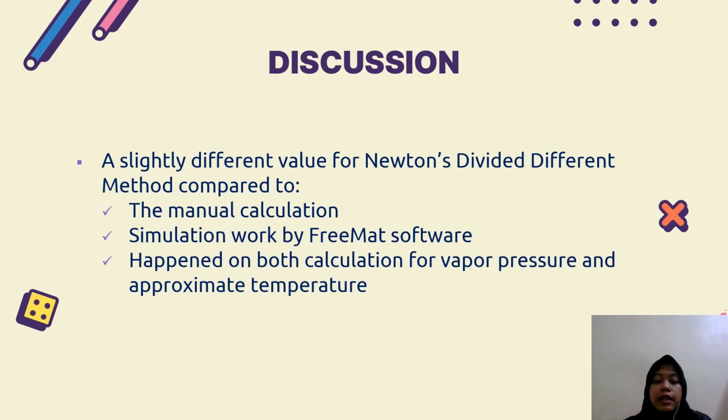We found a slightly different value for Newton's divided difference method compared with manual calculation and simulation work by the free method software, and it happened in both calculations for vapor pressure and approximate temperature.